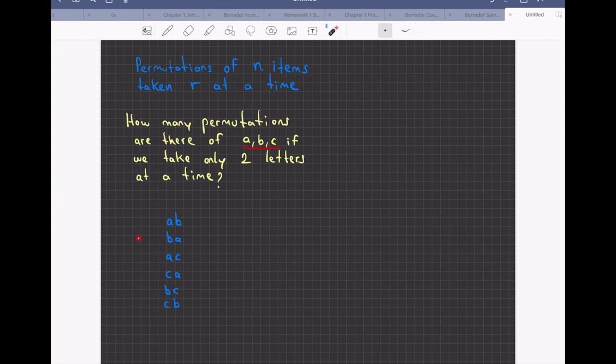Permutations of n items, in this case the letters A, B, C, but taken 2 at a time. How many are there? 6.